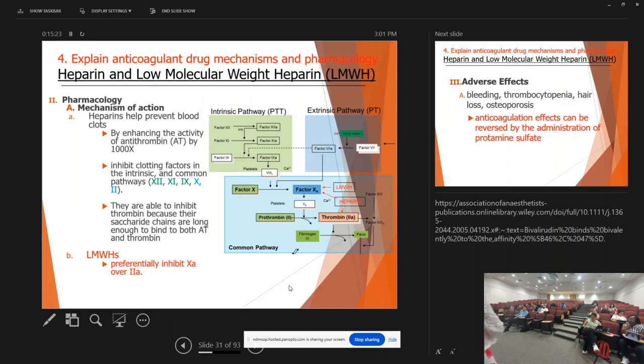They both do the job. It's just that one is a larger molecule and the other one is smaller, and activity wise, one has equal binding for both thrombin and factor 10A. Low molecular weight is more preferential for 10A.